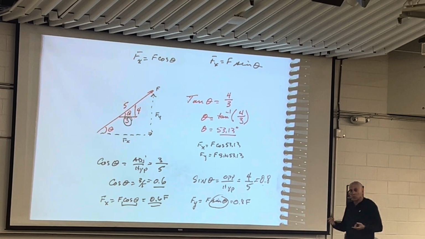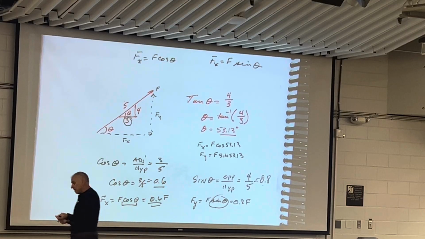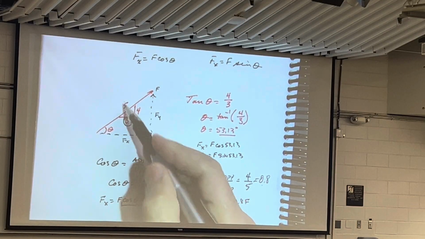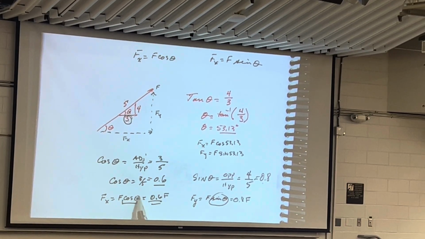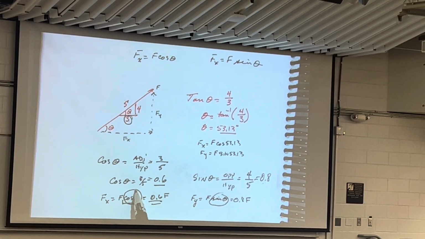If I'm given the slopes, I can say the cosine is adjacent over the hypotenuse, which in this case would be 3/5. But I know the component is F cosine theta. I just found what cosine's value actually is, 0.6.